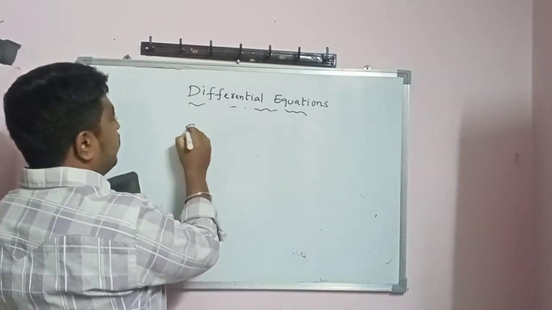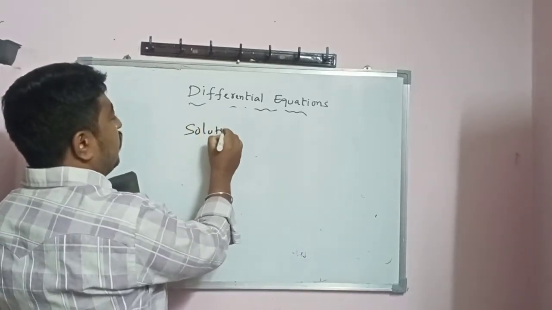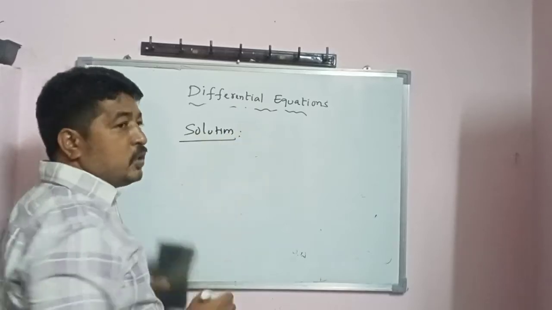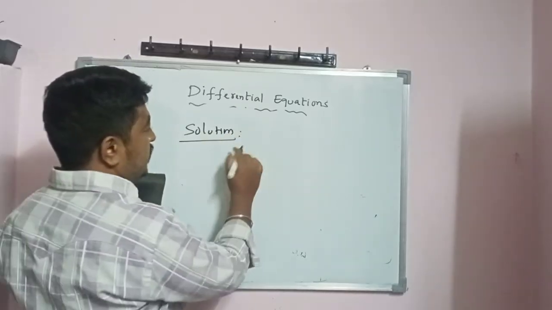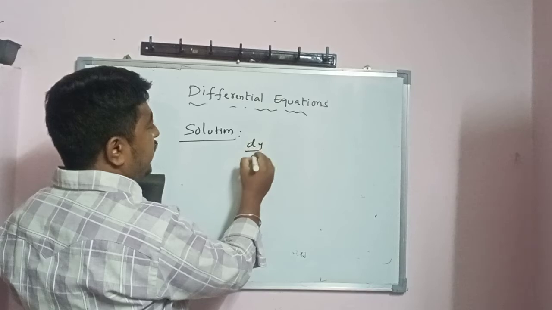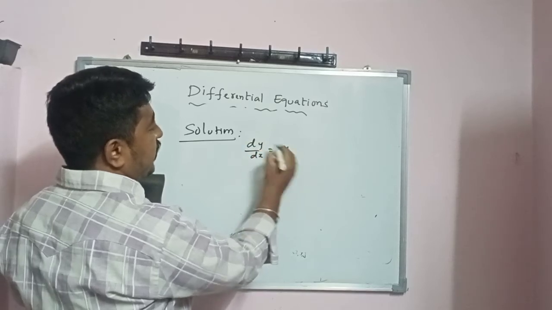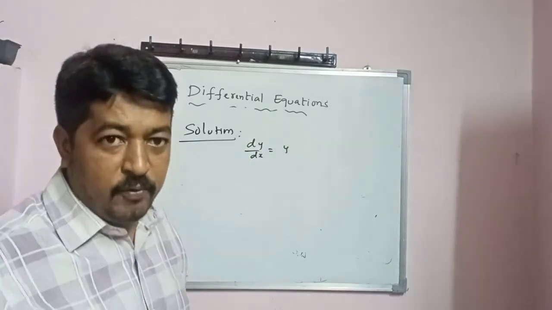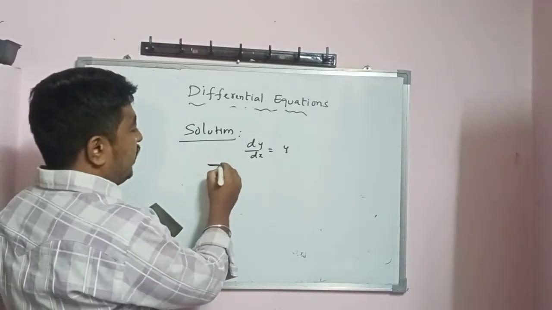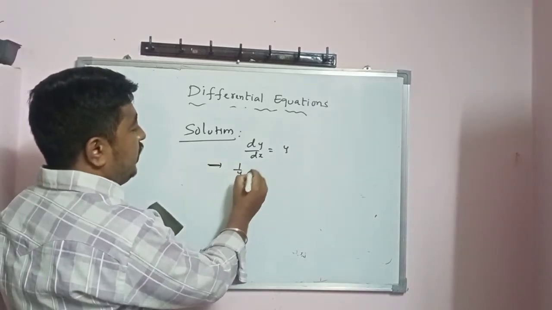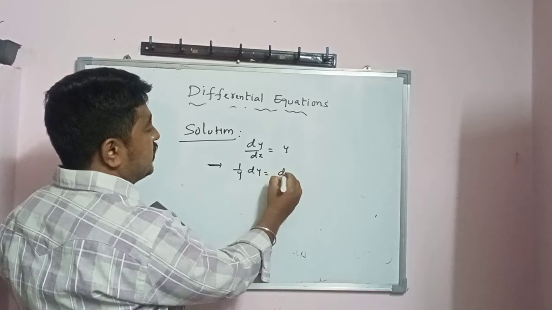Next we want to go for the solution. What is the solution? For example, dy by dx is equal to y. So for this differential equation, I take 1 by y dy is equal to dx.